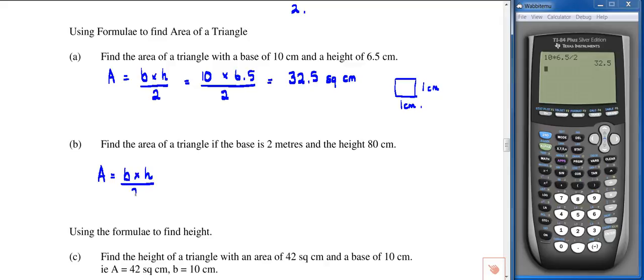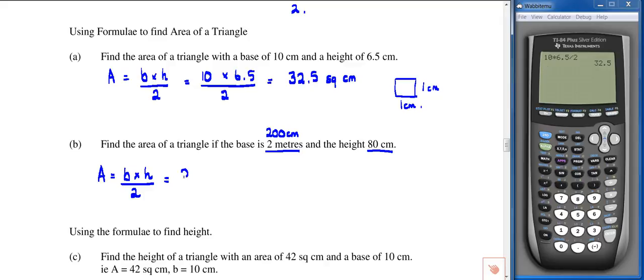Now we're going to use the same formula in part B, but this time our base is given to us as 2 metres, and the height is 80 centimetres. To substitute into any of these formulas, we need to make sure that we're using the same units for measuring base and height. I can get an answer in square centimetres, but then I've got to convert the 2 metres to centimetres, and there are 100 centimetres in 1 metre, so that would be 200 centimetres multiplied by 80 centimetres.